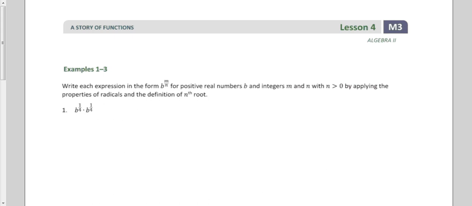Words make it complicated. They do their best to make these words complicated because they want you to be able to translate math speak.